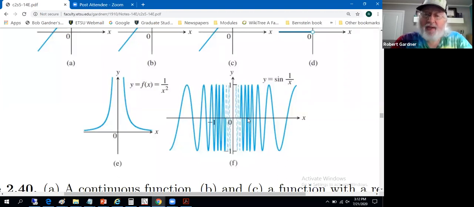As x travels closer to 0, 1 over x gets bigger and bigger. Well, that sine function is going to oscillate every 2 pi radians. It's going to run through 2 pi radians awfully quickly when x moves just a little bit for x close to 0. So what the graph does is it oscillates faster and faster as we get close to 0.